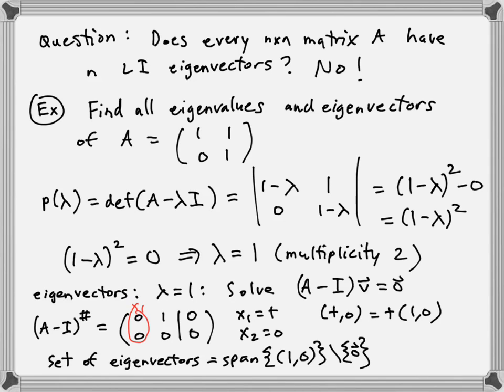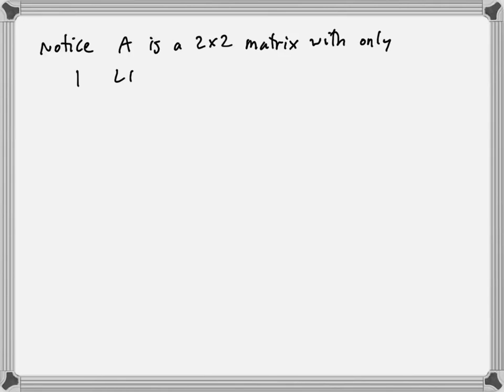So let's do this on the next page. Notice A is a 2 by 2 matrix with only one linearly independent eigenvector. This implies that A is defective.